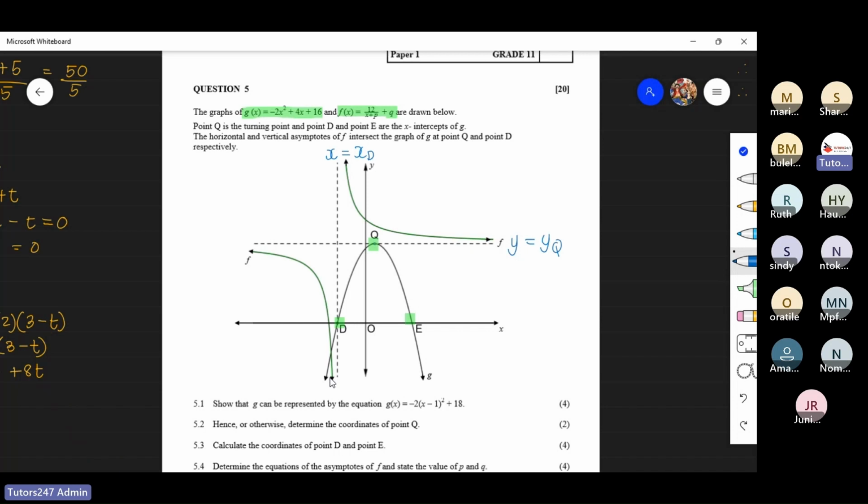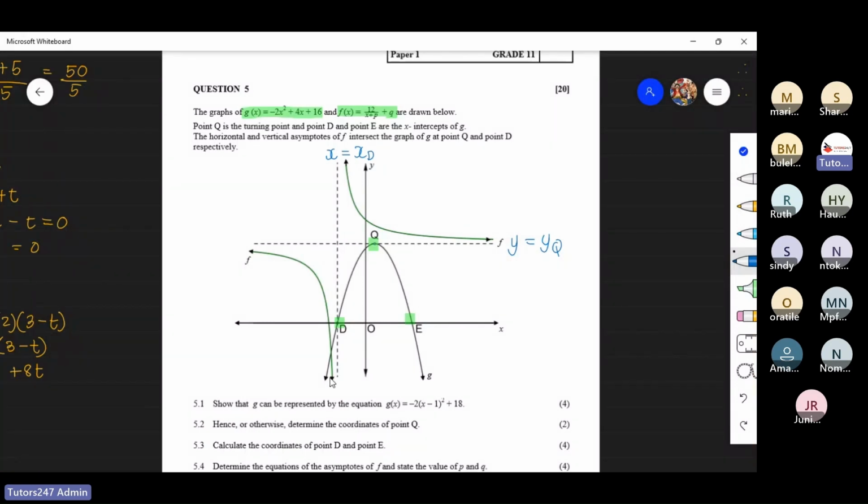Now, you might be wondering, if the function doesn't exist on those lines, how is it that the parabolic function is touching those lines? Keep in mind that those asymptote lines are only for the hyperbolic function, not the parabolic function. So the parabolic function may exist on the asymptotes, but the hyperbolic function will never exist on those asymptotes.